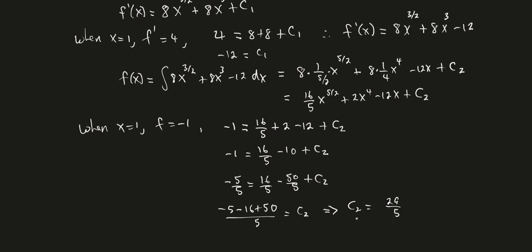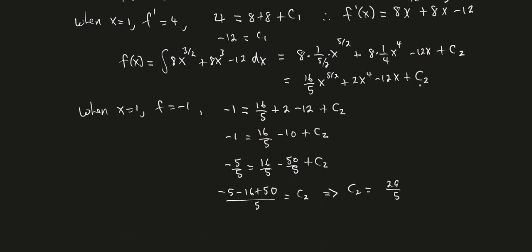And that gives us our second constant. So here's our solution. So our original function is 16 over 5 x to the 5 halves plus 2x to the 4th minus 12x plus 29 over 5.